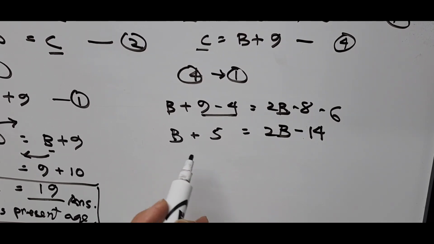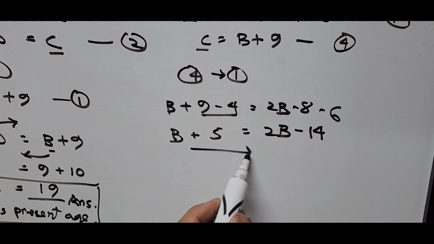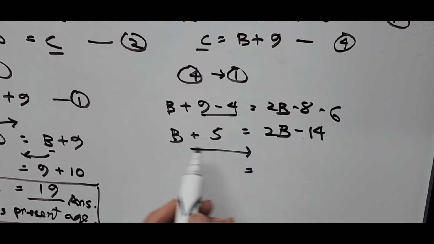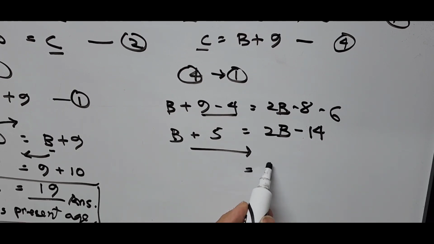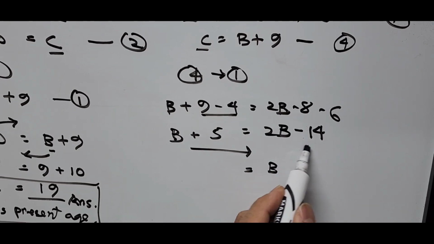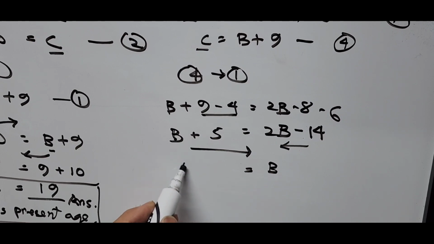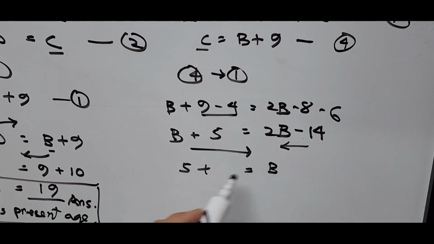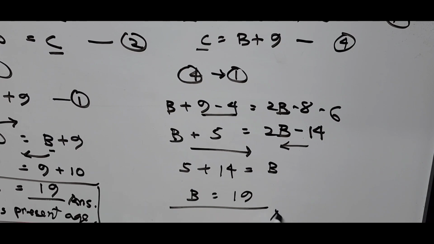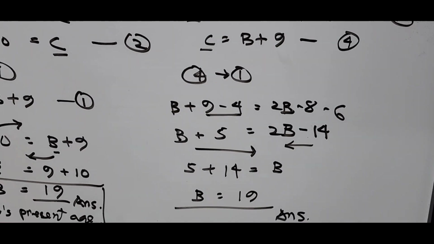Combine like terms, B moving to the right, that is 2B minus B, that's B, and moving negative 14 to the left, that is 5 plus 14. So B therefore is equal to 14 plus 5, that's 19. So that is our final answer. B is 19, that's Ben's present age.